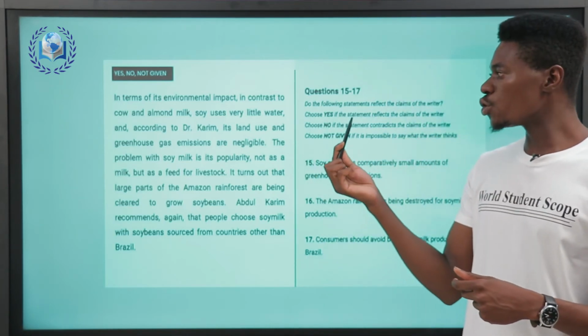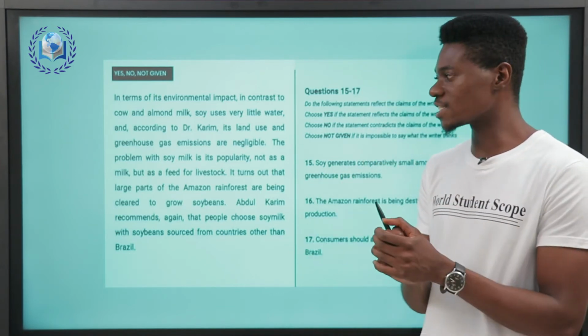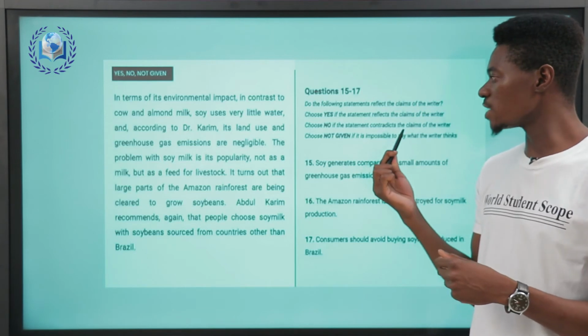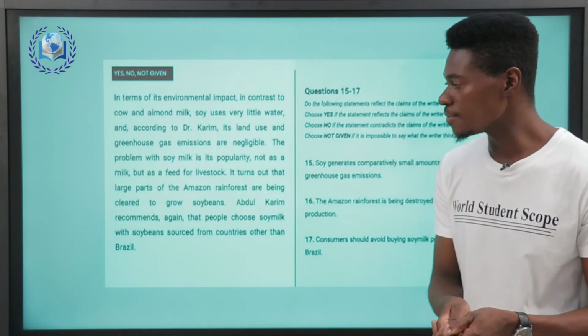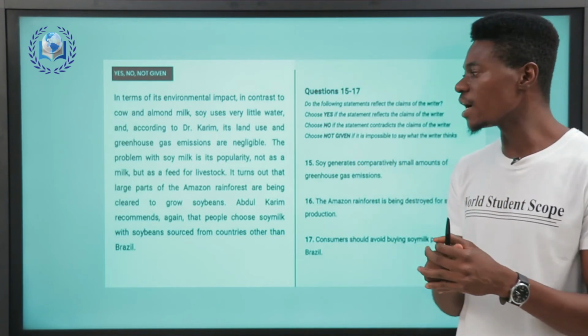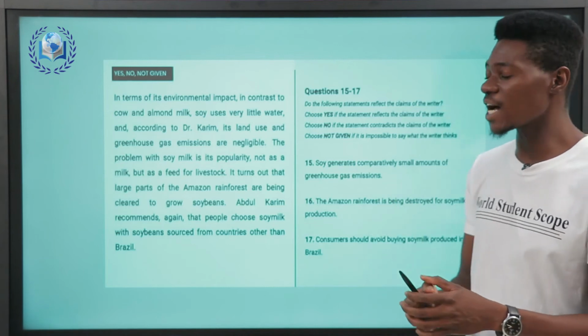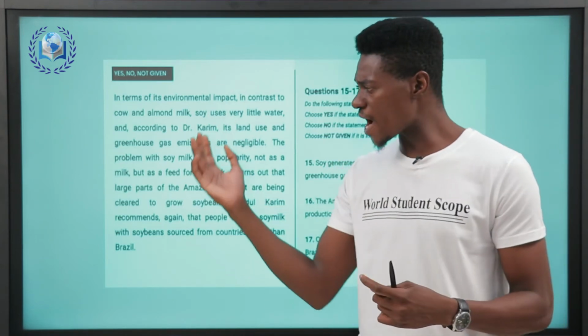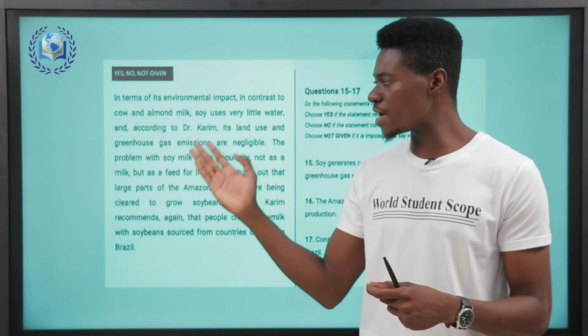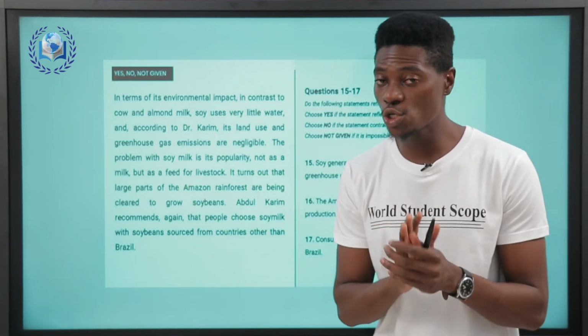Instruction: do the following statements reflect the claims of the writer? Choose yes if the statement reflects the claim of the writer. Choose no if the statement contradicts the claim of the writer. And choose not given if it is impossible to say what the writer thinks. If you don't find the sentence or the idea in this passage, just write not given, don't stress yourself.